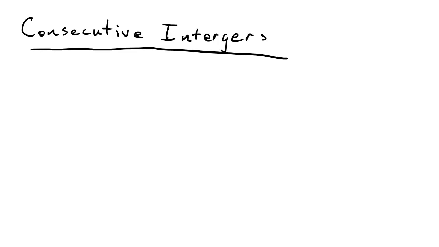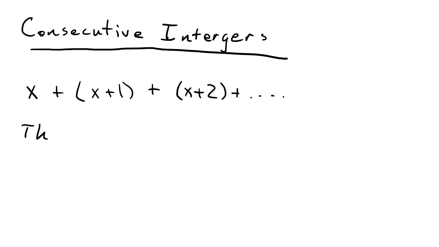If we wanted to write 3 consecutive integers in terms of x, what that would look like is x plus x plus 1 plus x plus 2, and we could keep this going, right? So let's say we wanted to know the sum of 3 consecutive integers.